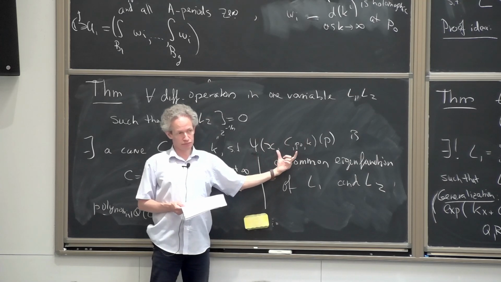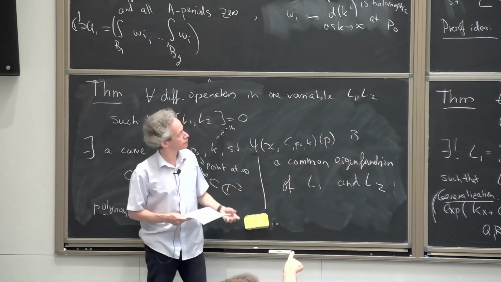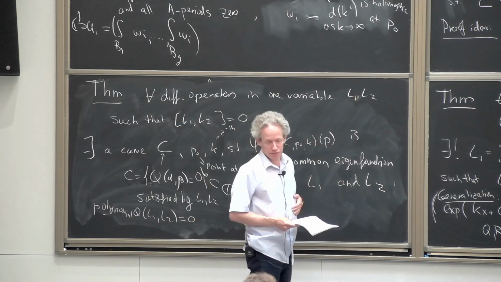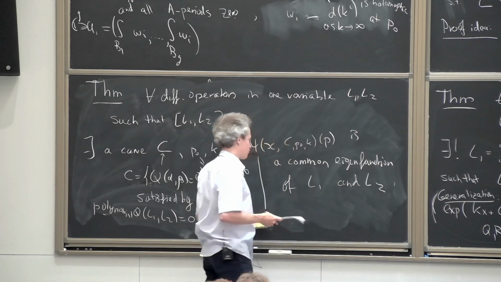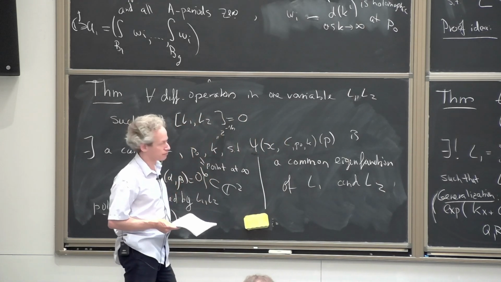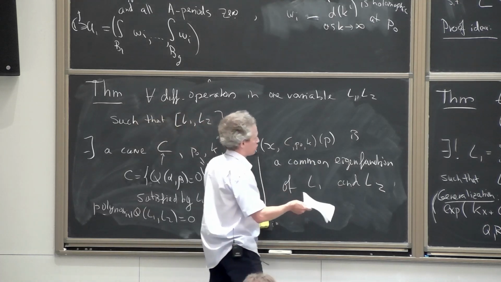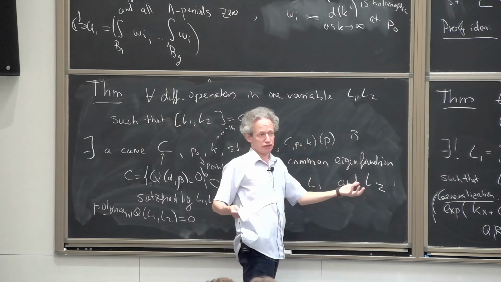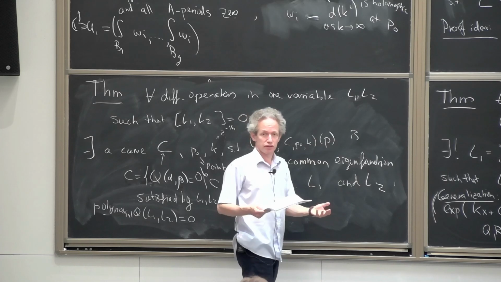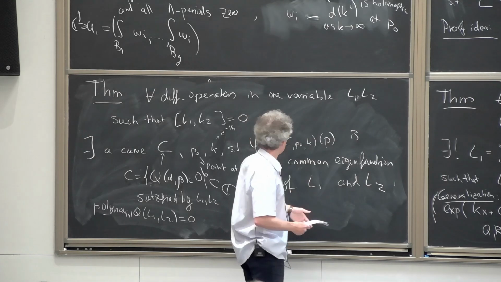So altogether this establishes a bijection between pairs of commuting differential operators, where the orders are co-prime, and curves.